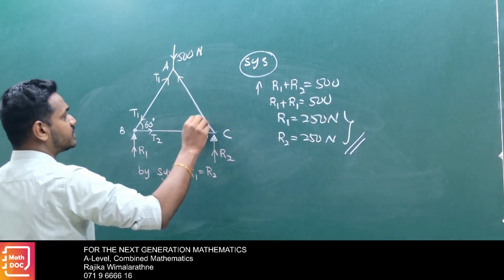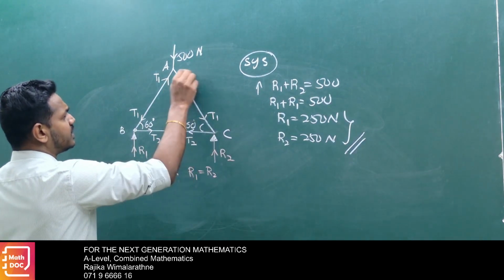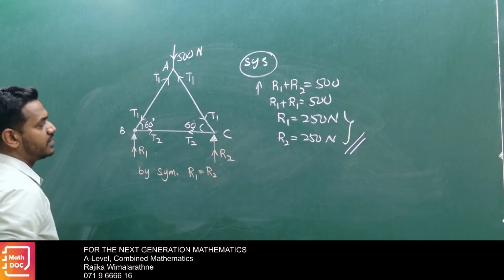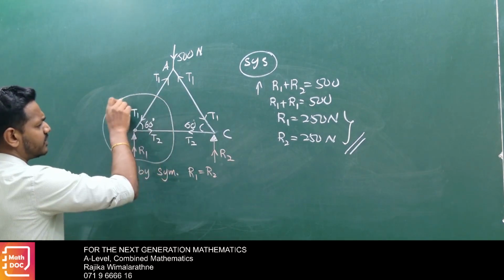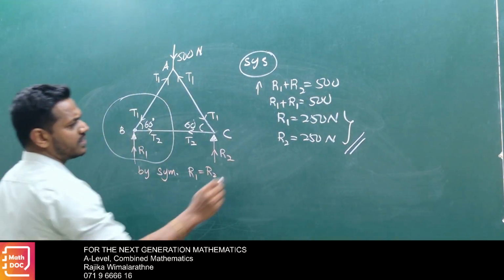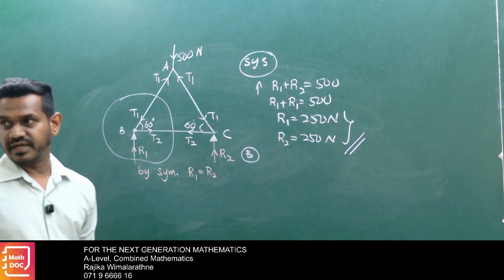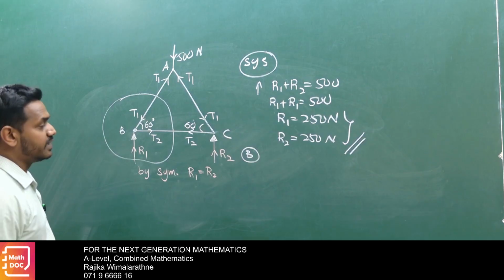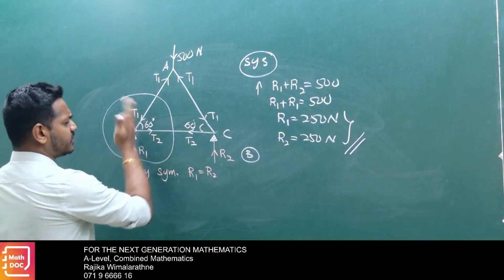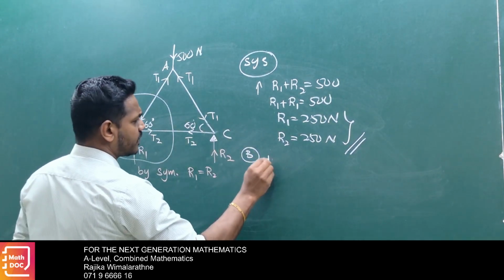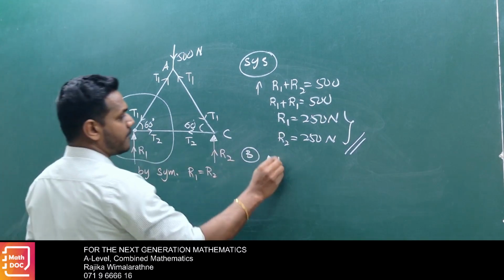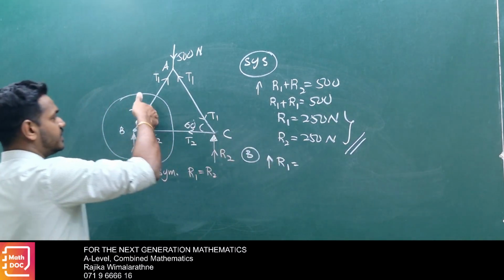By symmetry this also is T1. Then you consider vertex B. The system is in equilibrium, so when you consider vertical forces, R1 equals T1 sine 60.